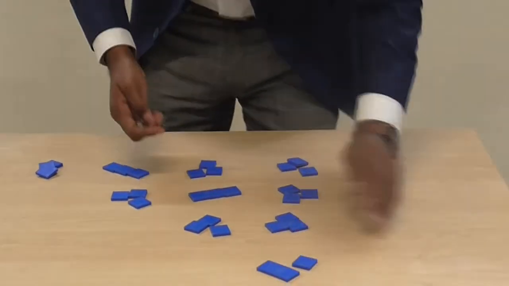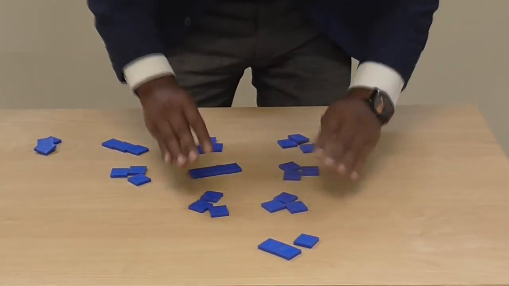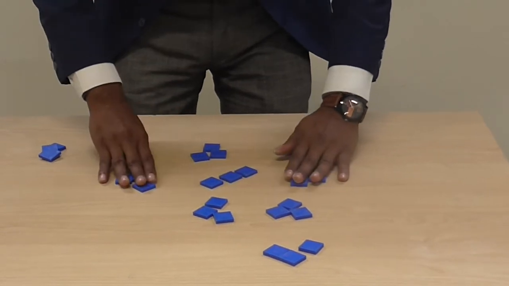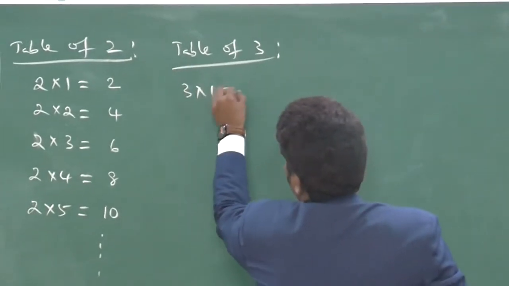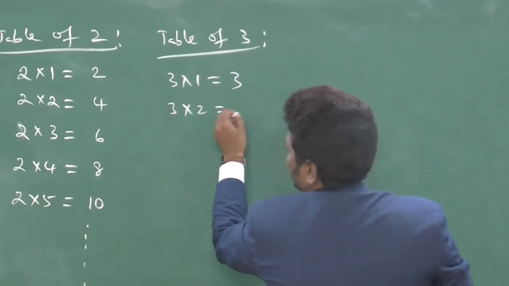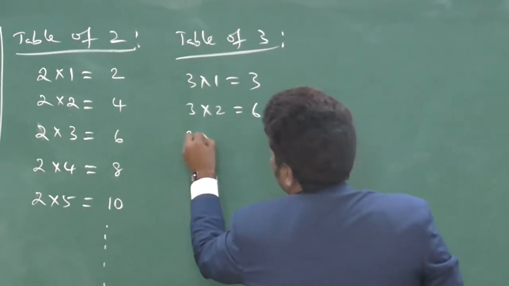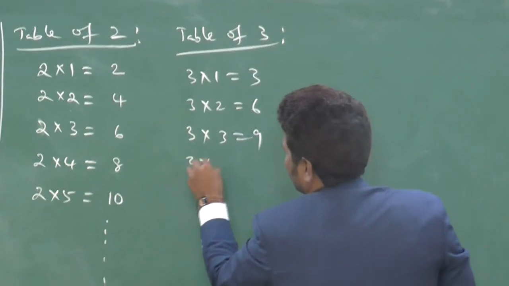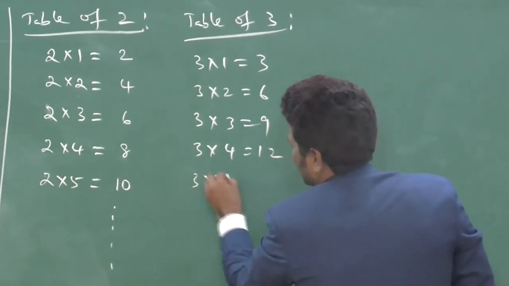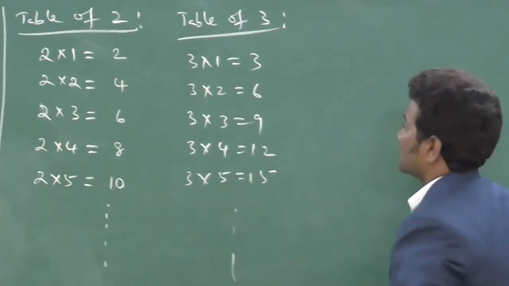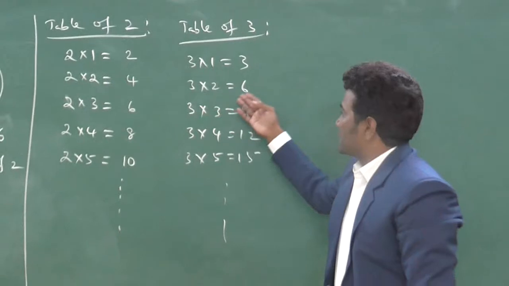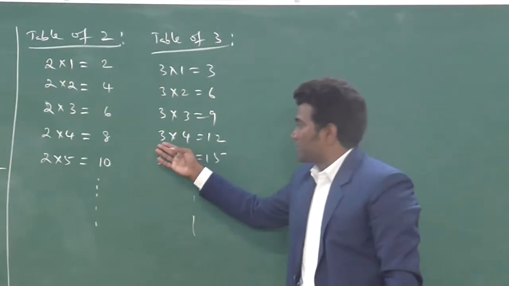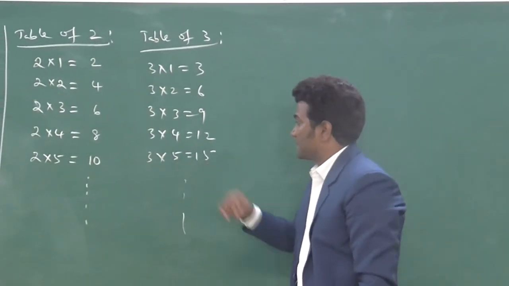So one group of 3 is 3, two groups of 3, 3 plus 3, is 6, 3 groups of 3, 3 plus 3 plus 3, is 9, 4 groups of 3, 3 plus 3 plus 3 plus 3, is 12, and so on. 5 groups of 3 is 15.